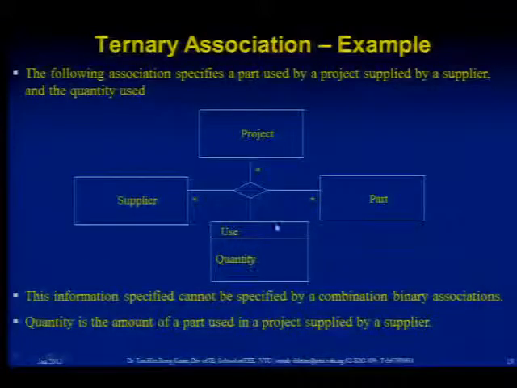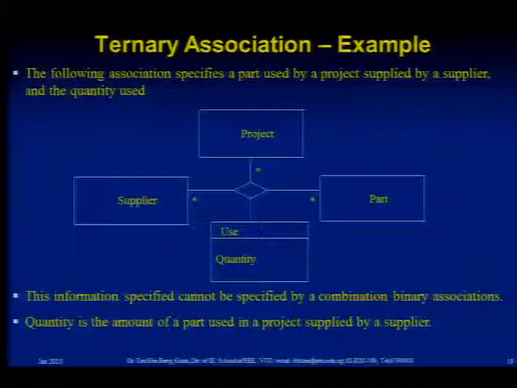And this association, as I mentioned earlier, is to specify a project uses a part from a supplier. So when the project uses a particular part from a particular supplier, it uses a certain quantity, maybe 10 pieces, maybe 5 pieces. So we define an attribute to this association.